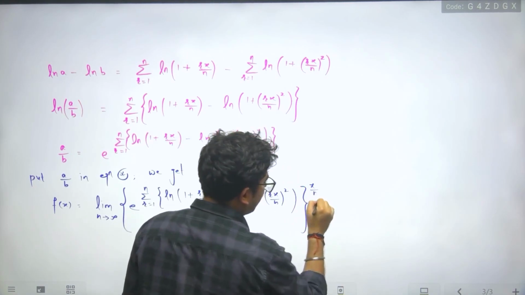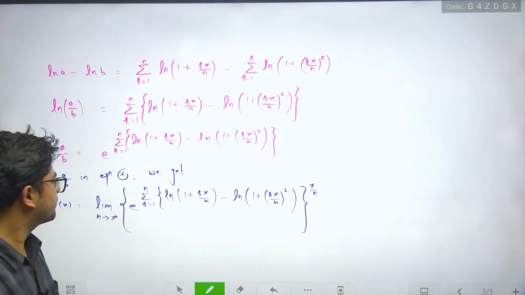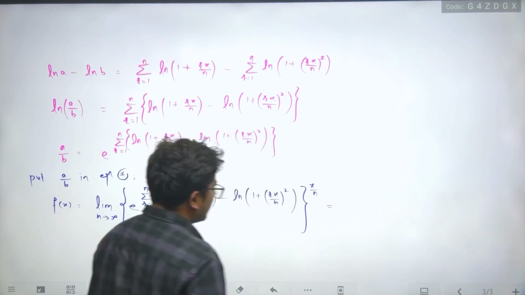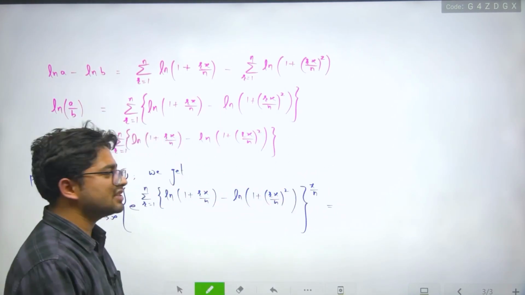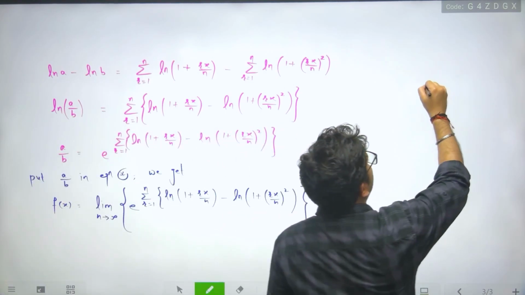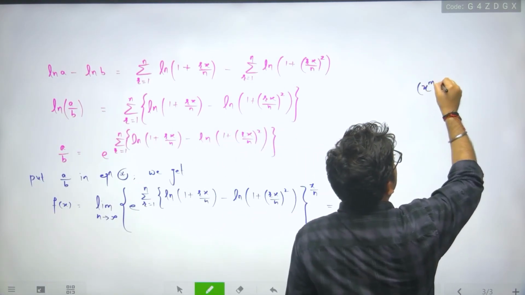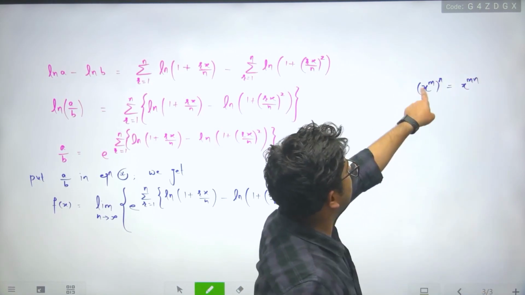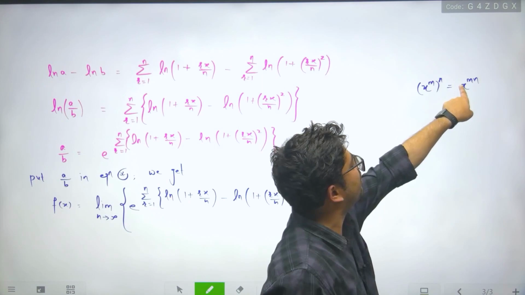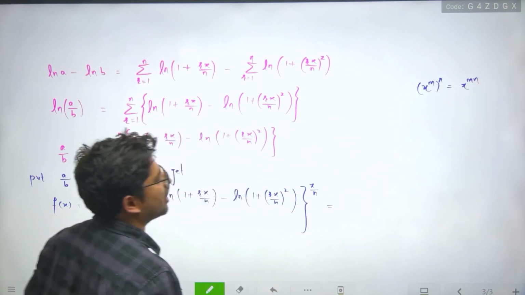x by n. Yes. Now e power something and that to the power something. So apply the formula of x power m, whole to the power n. That is x power m into n. You can multiply your powers.